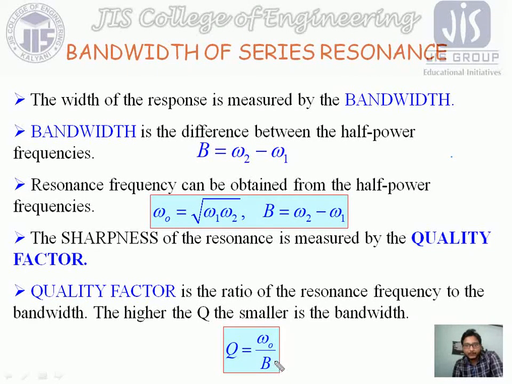As this bandwidth, omega 2 minus omega 1, is shifted, then the pattern of the graph may be shifted in this way, or in this way also, that we can see later.